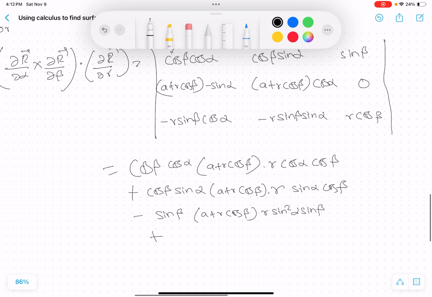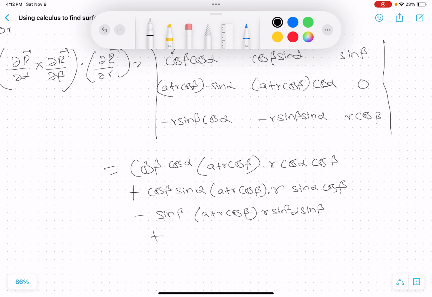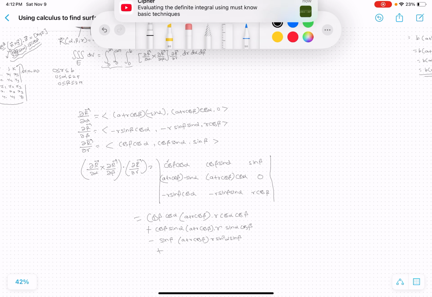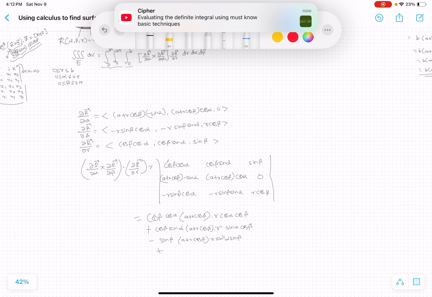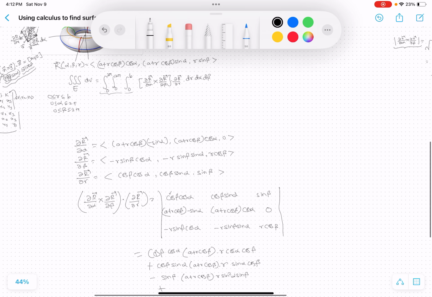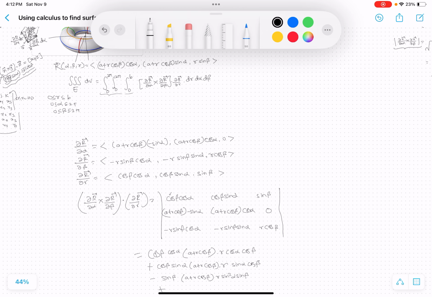Is this really a minus sign? Should that minus sign be there? Am I doing it right? Wait, let me check, because I think there is some mistake. What's our original function? So a plus r cos beta times minus sine alpha, a plus r cos beta cos alpha, 0, right? Then minus r sine beta cos alpha, minus r sine beta sine alpha, r cos beta, and then cos beta cos alpha, cos beta sine alpha, sine beta.